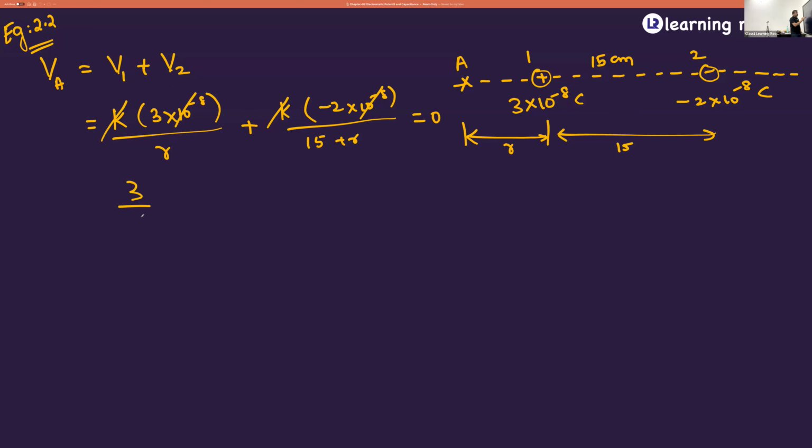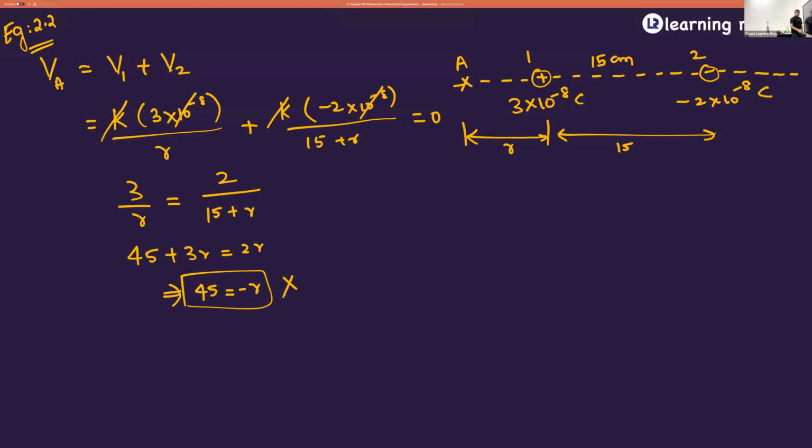You will be left with 3 by R is equal to 2 by 15 plus R. Cross multiply: 45 plus 3R is equal to 2R, which implies 45 is equal to minus R. But this answer is wrong, because this R is a distance, not displacement, and distance cannot be negative.